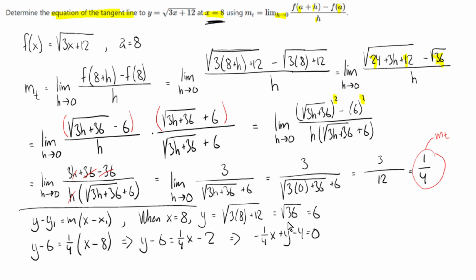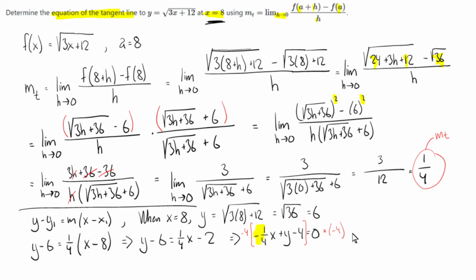Now, when we're providing the equation of a tangent line in the general form, we never want to answer in such a way that the coefficient in front of the x term is either negative or a fraction. So what we're going to do here is multiply the left and the right hand side by negative 4.